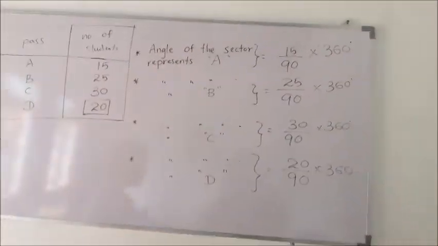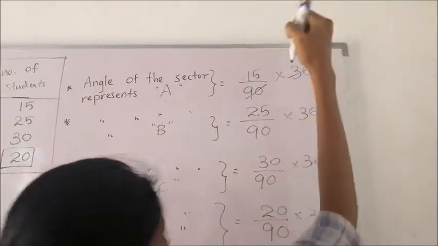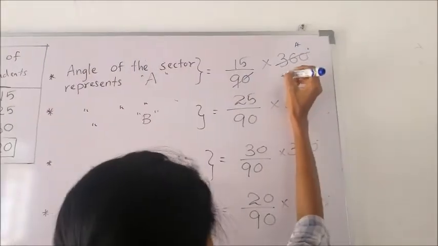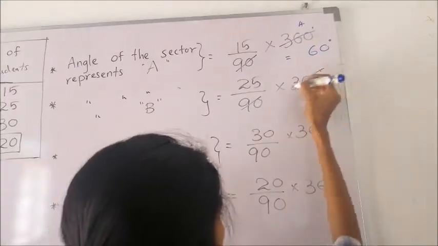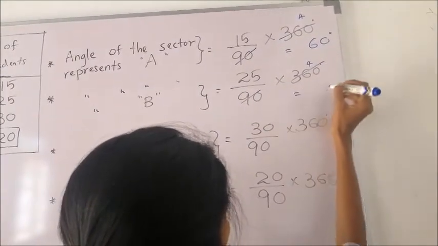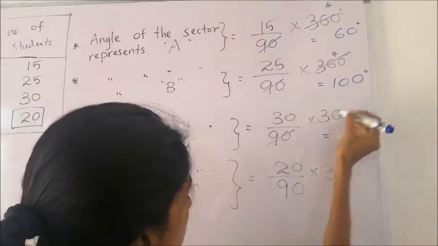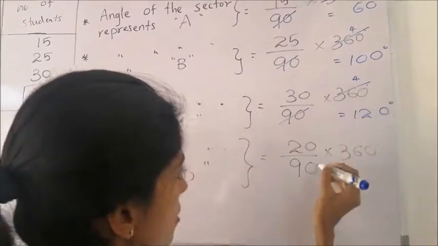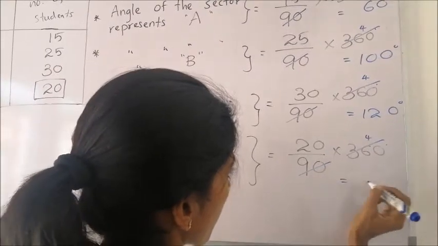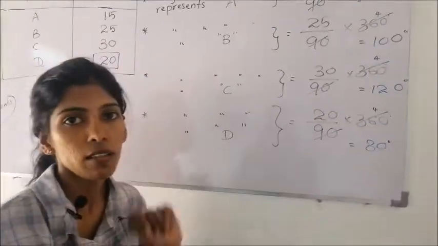Right. 90 times 4 is 360. 60 degrees. 100 degrees. 120 degrees. 80 degrees. Right. We will show all these data in a pie chart.